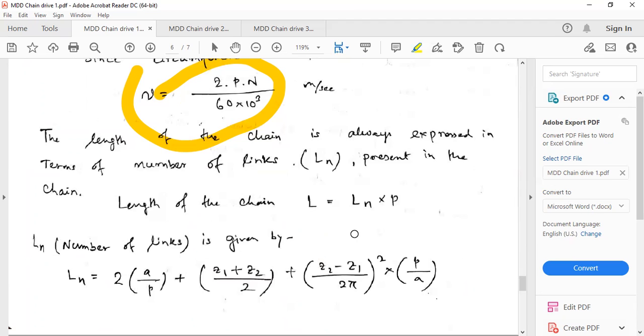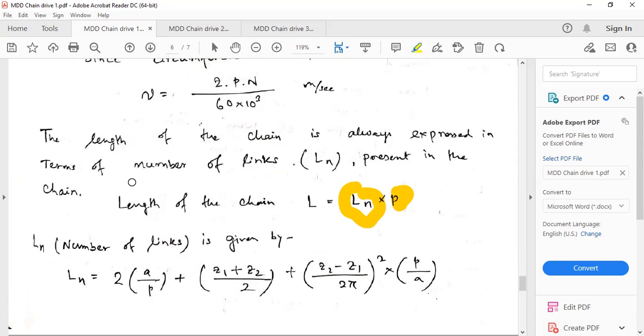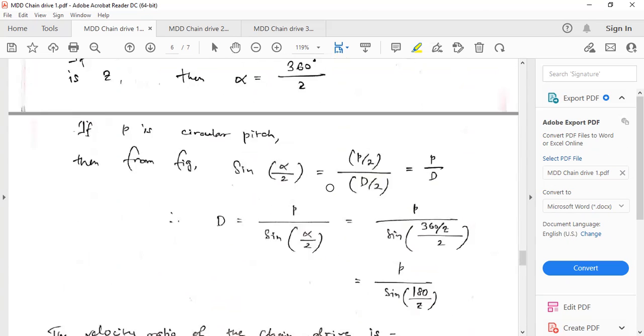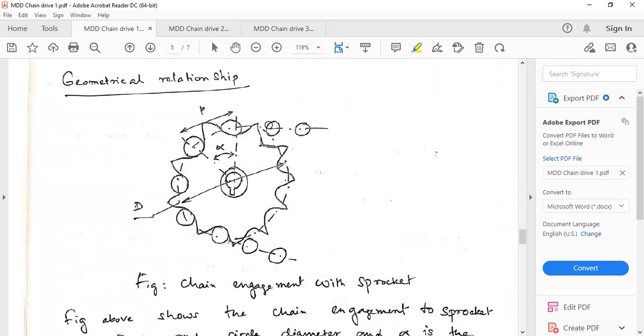One more relation is the length of chain. The length of chain can be found by multiplying the pitch with ln, the number of links. If we have a chain here, this is one, next is 2, 3, 4, 5, 6.